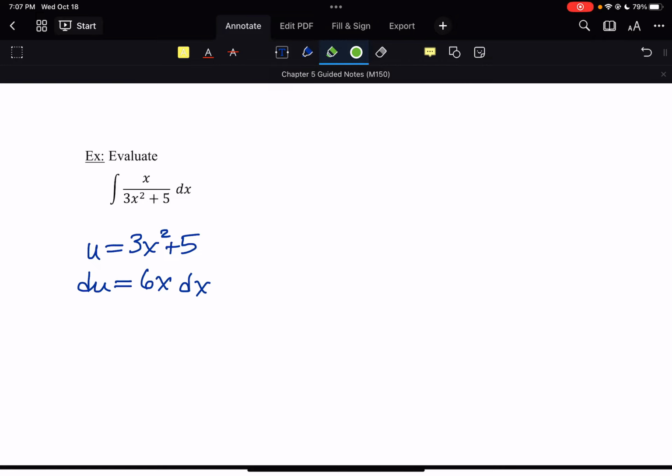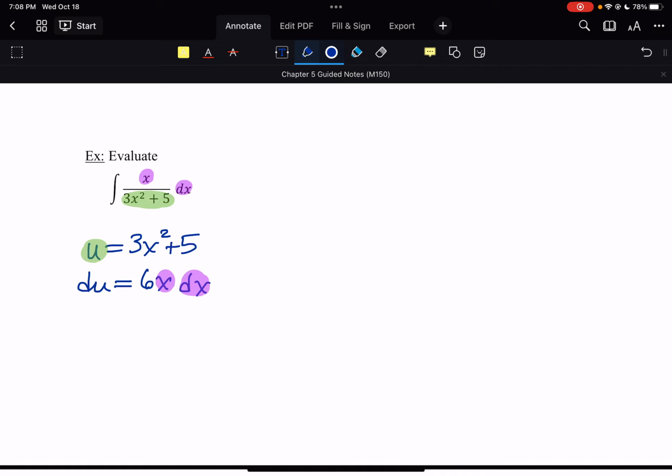So in terms of our coverage here, 3x squared plus 5 is going to get replaced with u. And we have our x dx right here. But this isn't a perfect match, right? There is this factor of 6 here that does not exist in this integral.